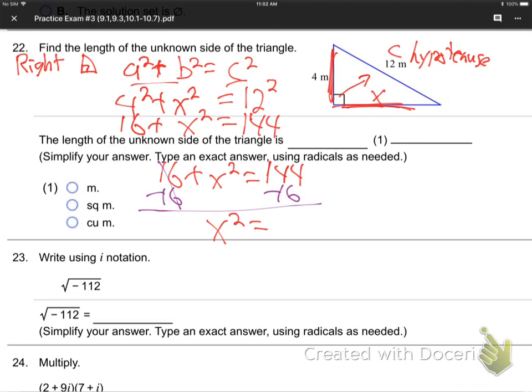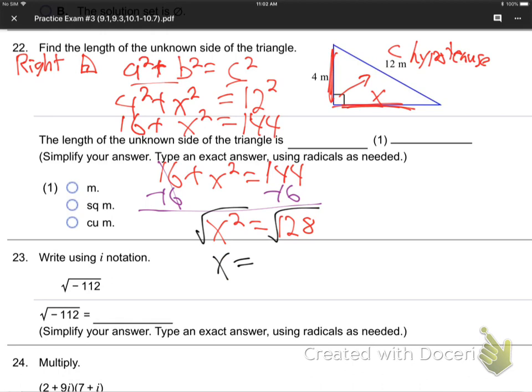X squared is, let me grab my calculator, find out what that number is. That number is 128. And then you root both sides. To turn that into regular x, you root it.